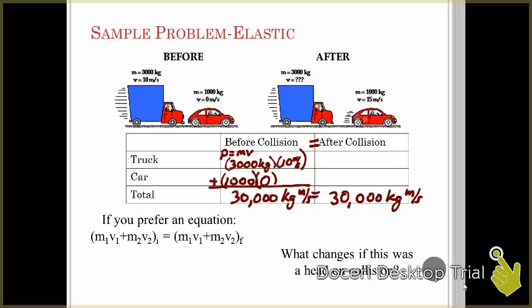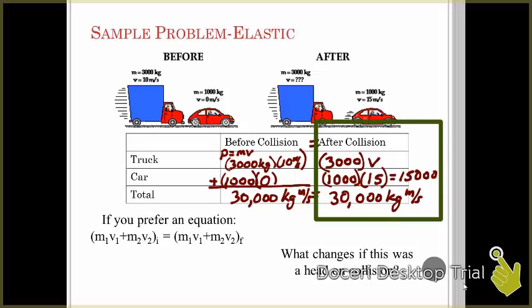Now let's look at what's happening to these vehicles after the collision. We know that our truck has not changed its mass, but our goal is to find its velocity. If we figure out the momentum of the car, we've got its mass times its velocity. Multiply those together, and we can see that we have 15,000 kilogram meters per second.